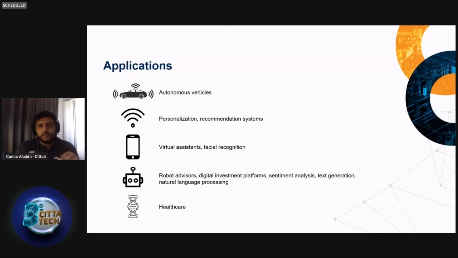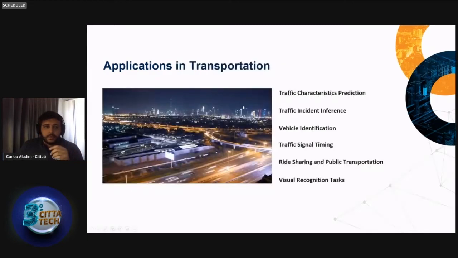I think they are the same points that are turning important in healthcare. So as we are a company that works in the transportation area, I'm going to talk a little bit about the applications in transportation.